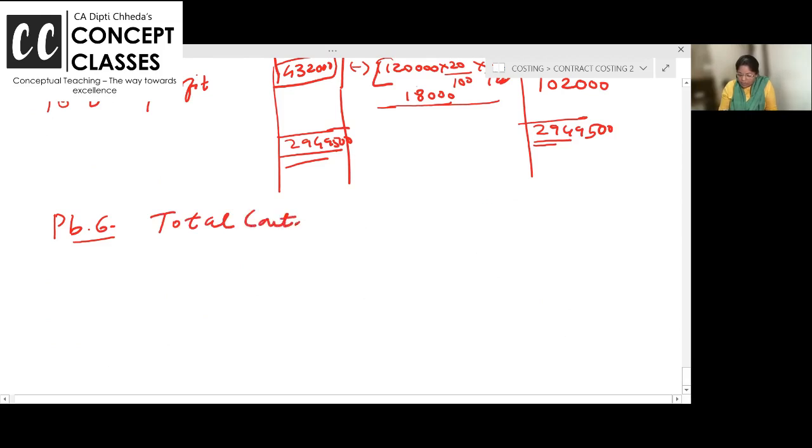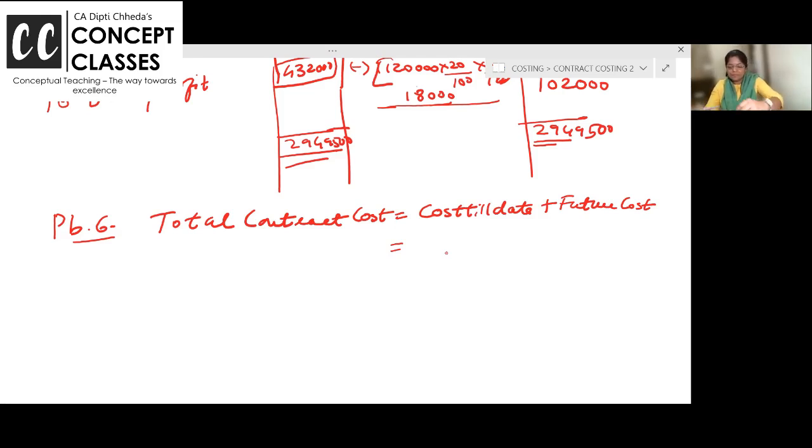Total contract cost is equal to cost till date plus future cost. What is the cost till date they have given? Cost till date is 450. Future cost 25,000.